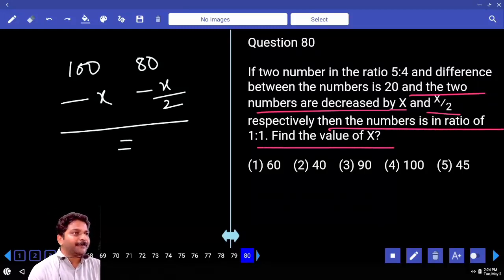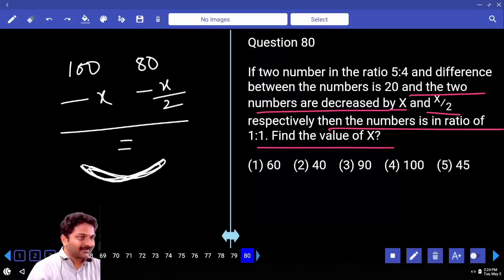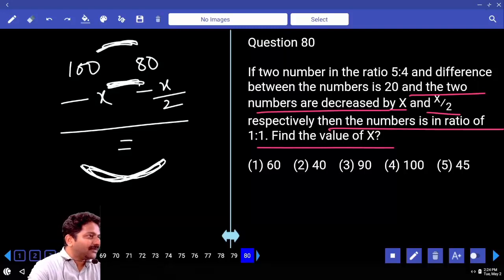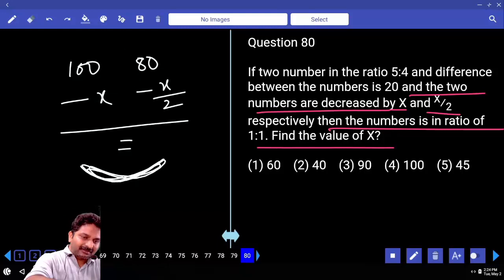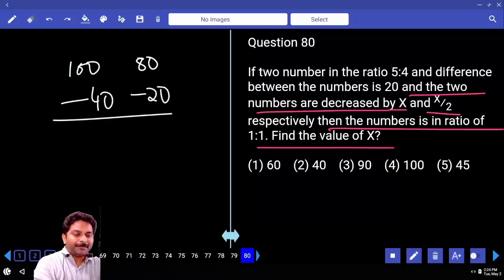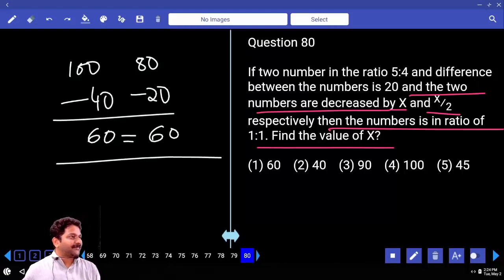That means both are equal, right? Same concept we already discussed in today's class. If these two numbers are same, and the difference is 20 here, these two numbers' difference also must be 20. X and then x by 2, difference is x by 2. If x by 2 is 20, what is x? Come on, 40. That's your answer. X is 40, x by 2 is 20, 60 here, 60 here. Both are equal. That's it.